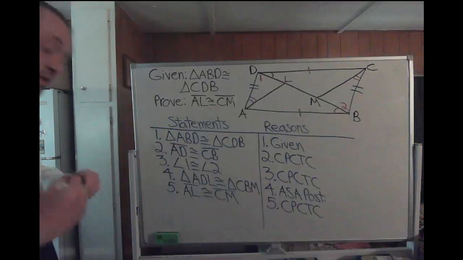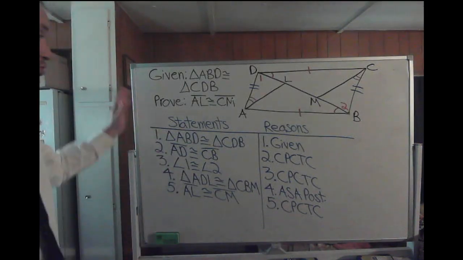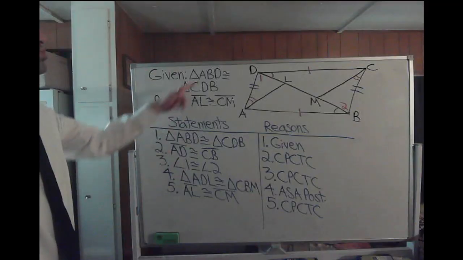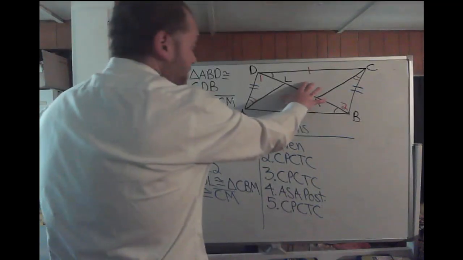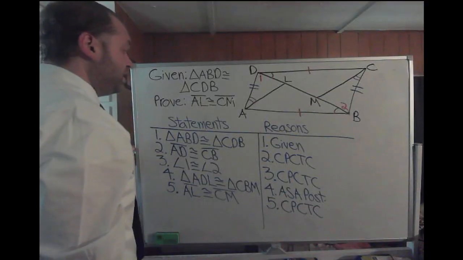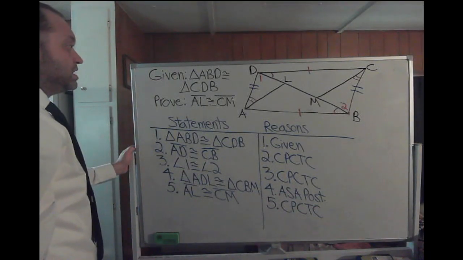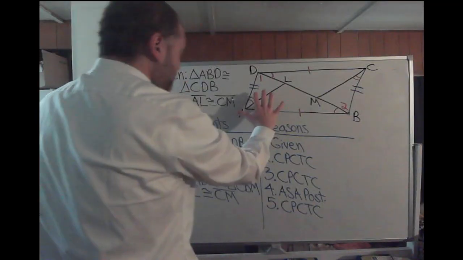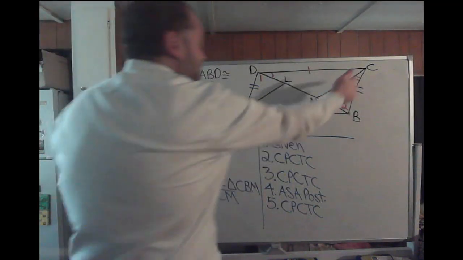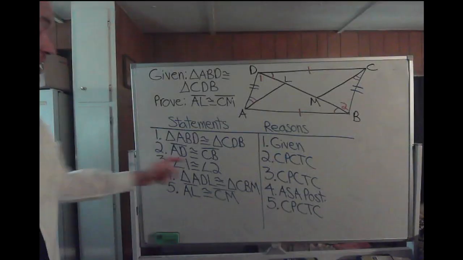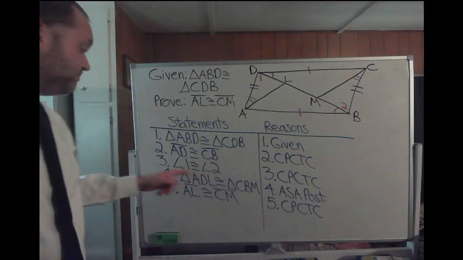Alright, so let's go over this proof again. The first thing we had was that we have really 4 triangles, one quadrilateral split into 4 triangles. Well, we're given that triangle ABD, this whole first half, is congruent to triangle CDB, this whole second half. That was our first step, given.